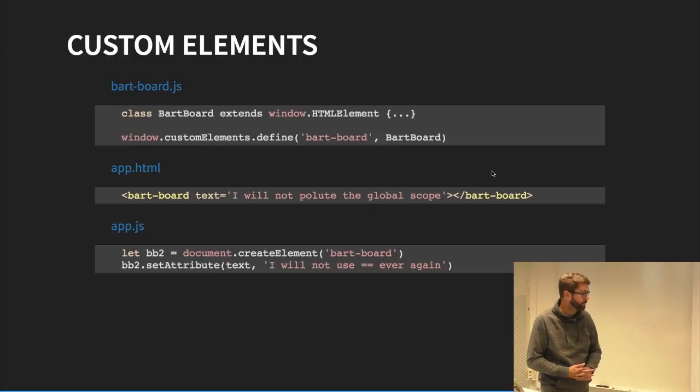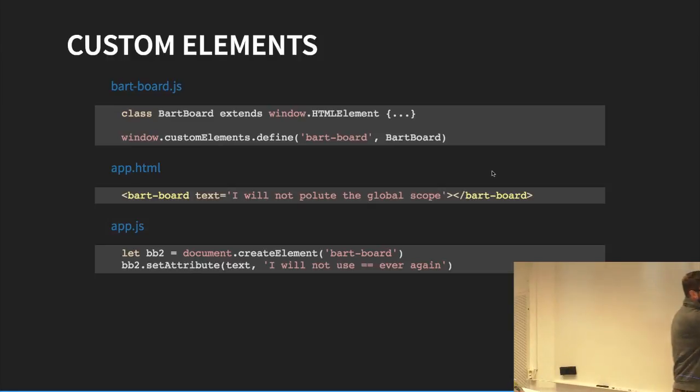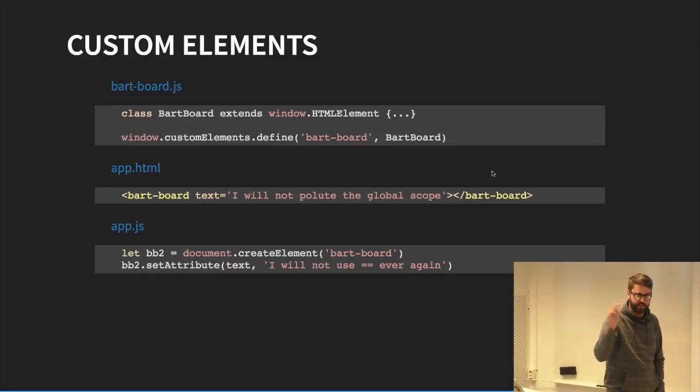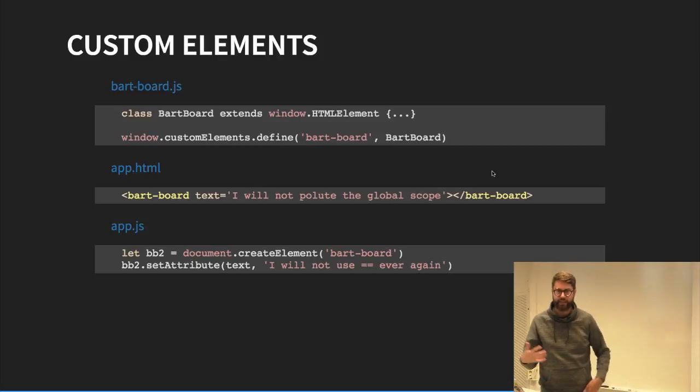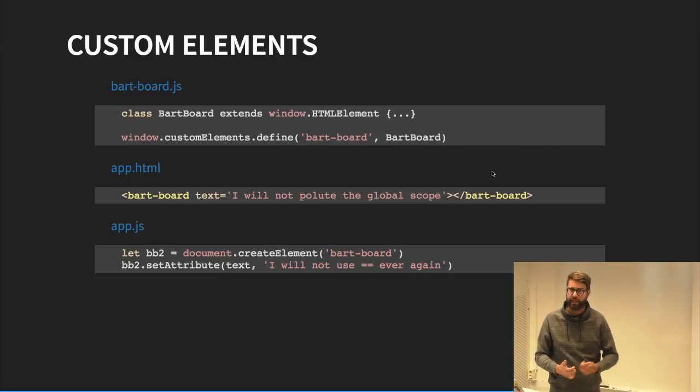We need to name it with a dash in the middle. You cannot name it in camel casing, for instance, because this dash will tell the browser that this is a custom element, so that you will not get conflict with built-in elements.